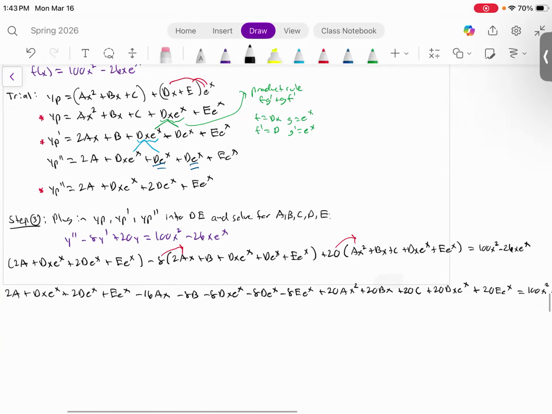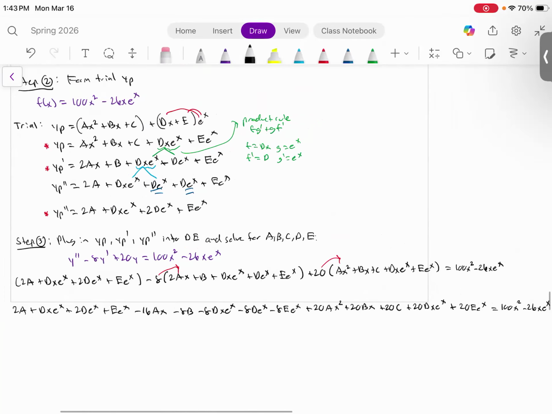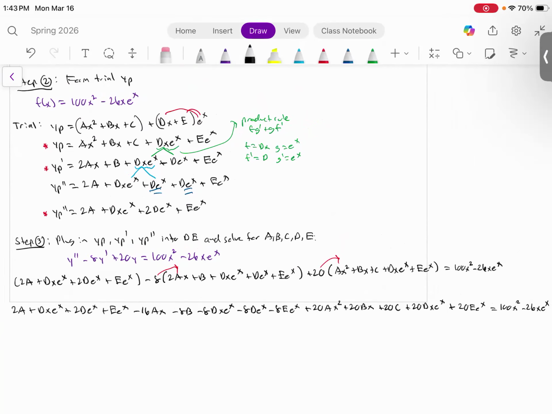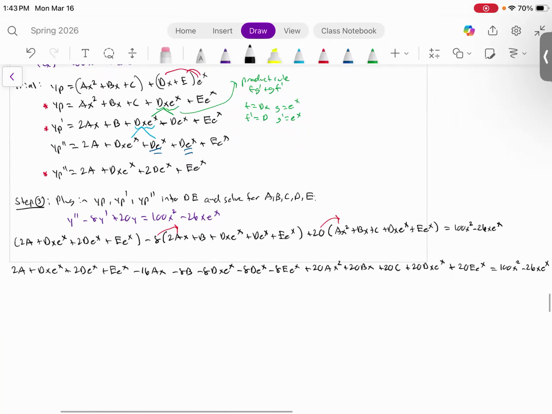Okay, so let me zoom out so that we can have all this on the screen. What we want to do now is start to see if anything combines with another like term. So 2a, I don't see another single a term, but I do see that we have a couple dx e to the x's.